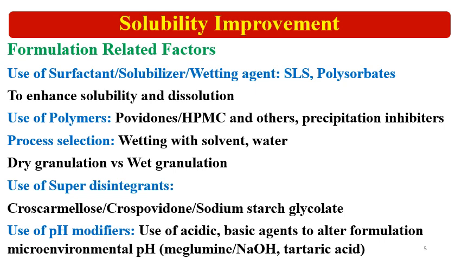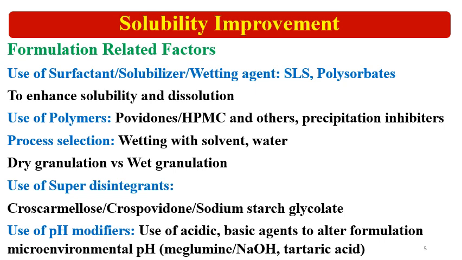These are the techniques. Use of super disintegrants like croscarmellose sodium, crospovidone, sodium starch glycolate, or polacrilin potassium. These are the super disintegrants used to enhance the disintegration and dissolution. Then use of pH modifiers.